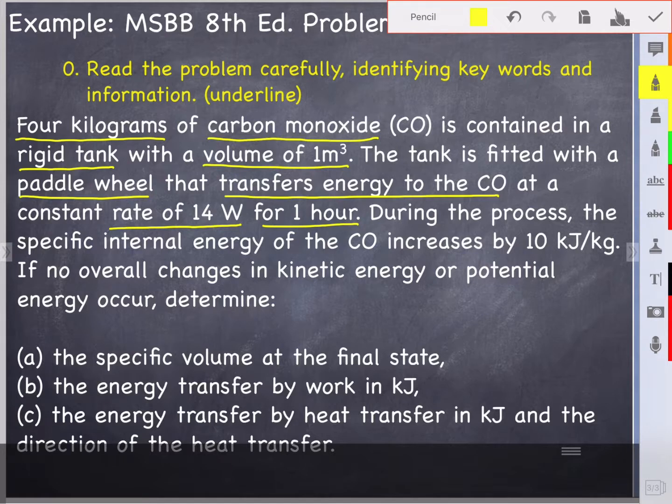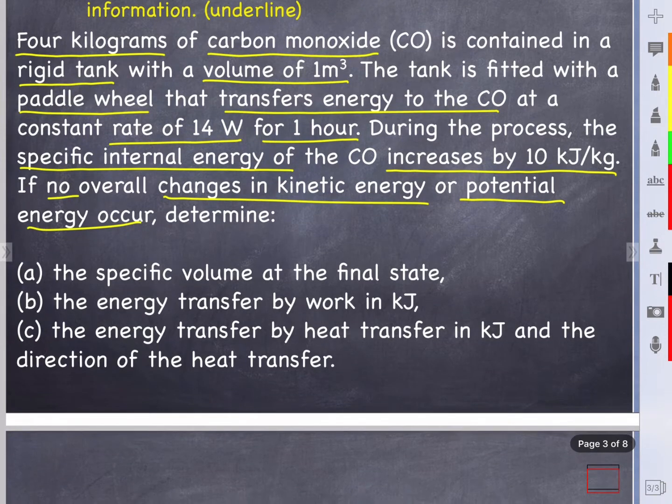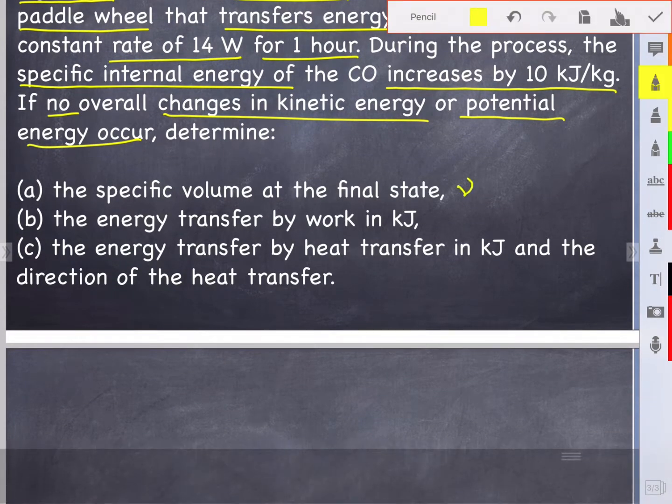During the process, the specific internal energy of the carbon monoxide increases by 10 kilojoules per kilogram. If no overall changes in kinetic or potential energy occur, we're asked to determine the specific volume at the final state. Remember, specific volume is the total volume divided by the mass, and we're asked at the final state.